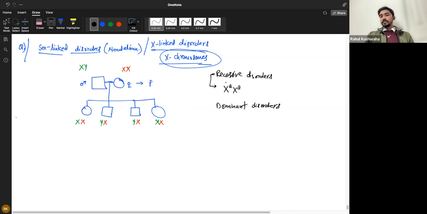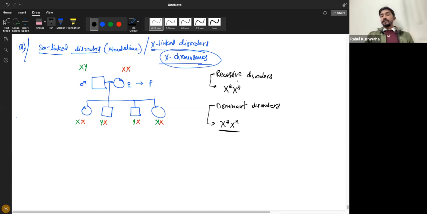And you know that this is the genotype of a female, right? In a female, there can be a recessive disorder or a dominant disorder, where if only one X is affected and the other X is normal, N, then still the disease will take place.